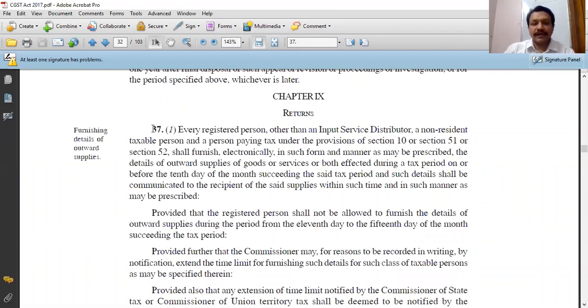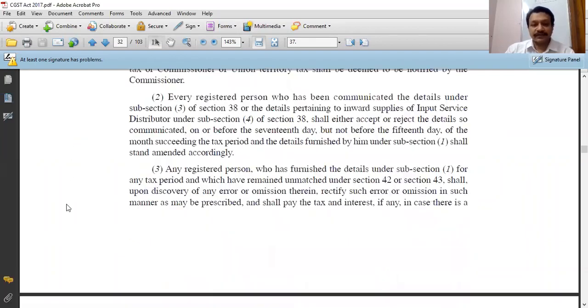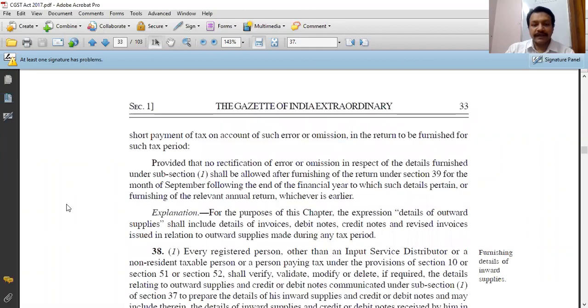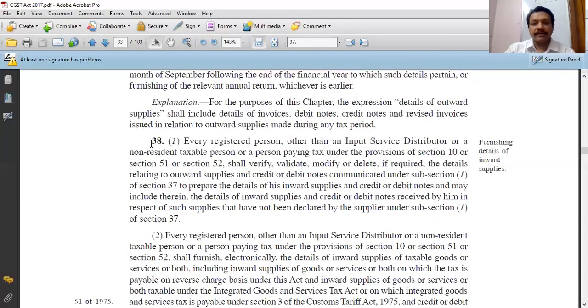Section 37 is relevant, and the heading says outward supplies. So under section 37, the returns are related to outward supplies. The next section, 38, it deals with what? Inward supplies.